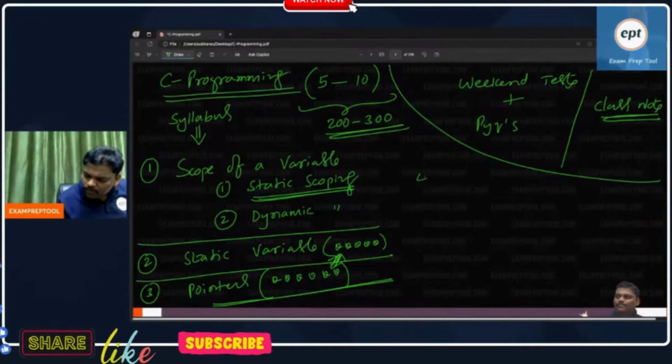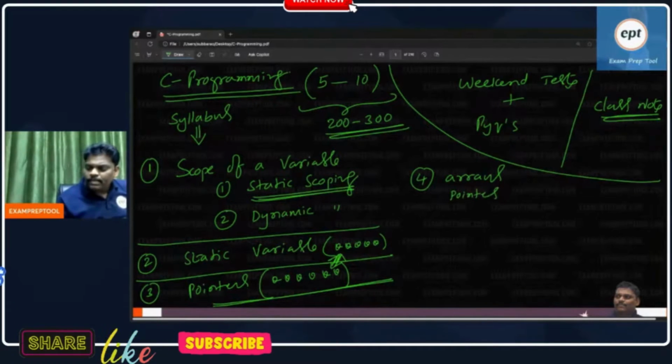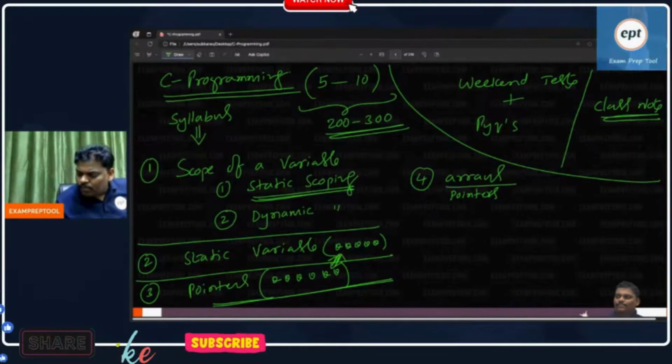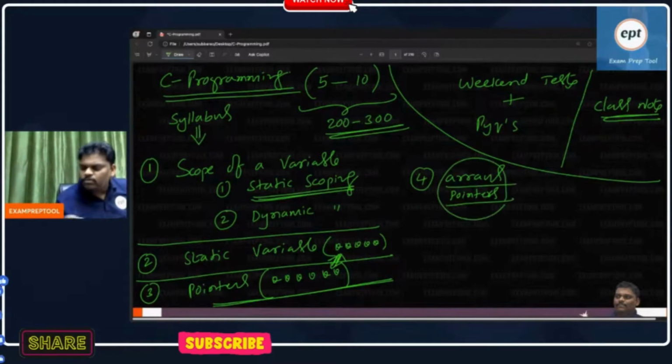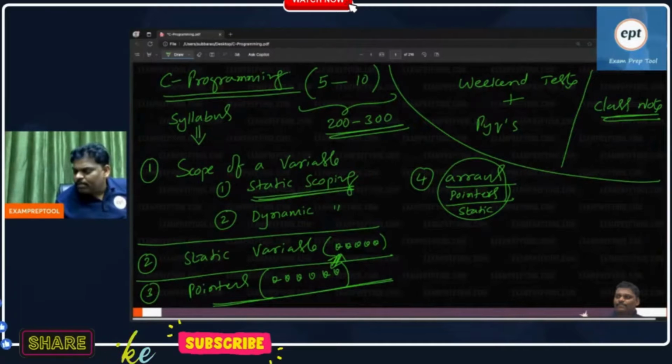Next, the fourth one, arrays. Arrays and pointers are linked. They can give only arrays, or only pointers, or a mixture, and they will also add the static variable. This is the famous combination.